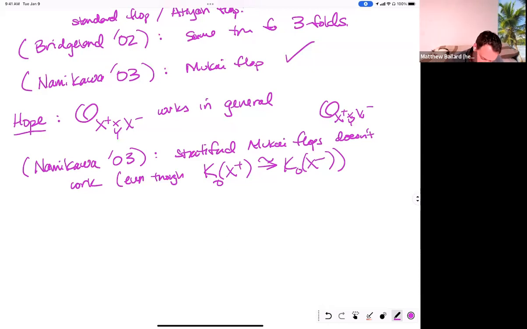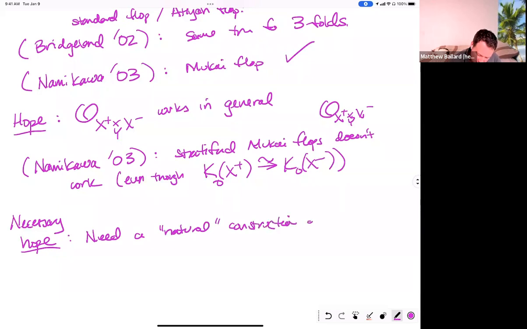And what is a necessary hope if we're ever going to prove this? Although maybe you can wiggle around this, but really, if you're ever going to prove the original Bondal-Orlov conjecture, which says there is an equivalence, we're going to need a quote unquote natural construction of some P. You're handed the flop, hand me back something purely depending on that, that gives me a kernel and should behave well homologically.